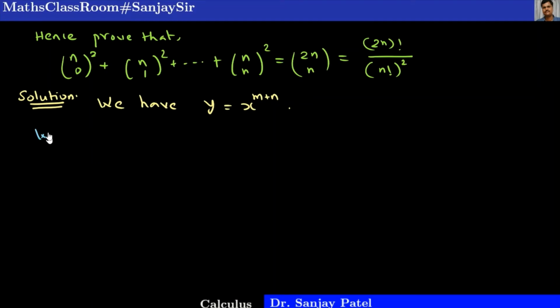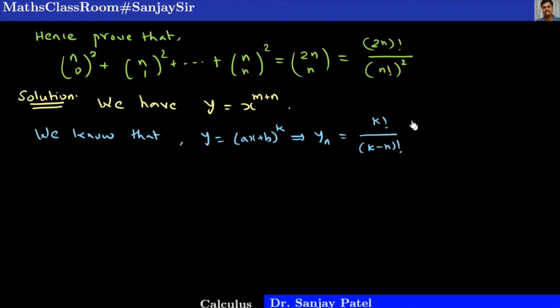We know that if y is equal to ax plus b raised to m is given, or let me write say k here, then its nth derivative yn is given by k factorial upon k minus n factorial into ax plus b raised to k minus n, where k is a positive integer, and n is less than k. The nth derivative order is less than the value of k.